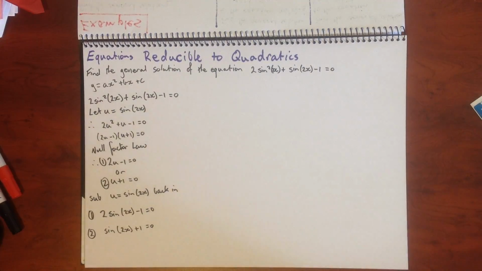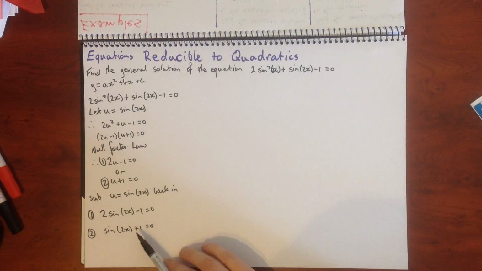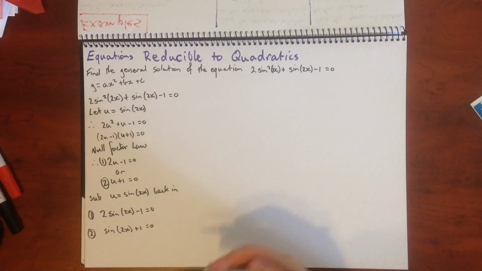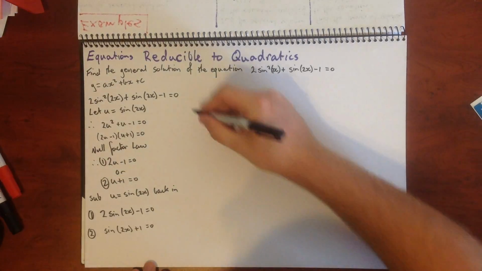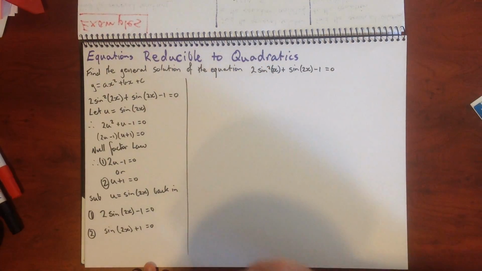Now in this case we do actually have solutions for both of these. But you need to be aware that sometimes when you do this, one answer will drop out. For example, if this was plus 2, then we'd be subtracting 2 away, and there's no way that we can have our sine function equaling negative 2. So in that case we could ignore that equation and just focus on the 1. However, in this one, we can actually further explore both of them.